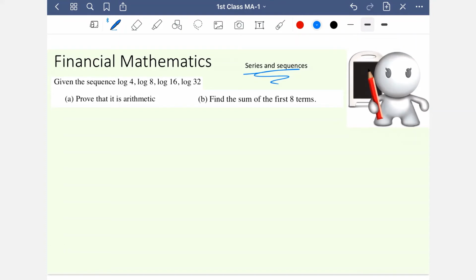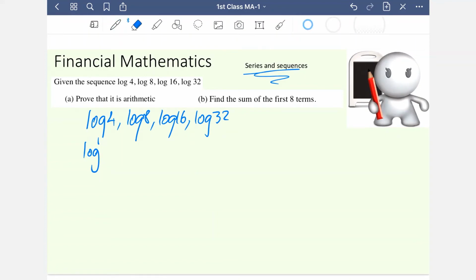Okay, so over here in the first one, I've got the log of 4, the log of 8, the log of 16, and then the log of 32. And then I want to prove that it's arithmetic. Well, just before I do that, the log of 4 is actually the log of 2 squared.